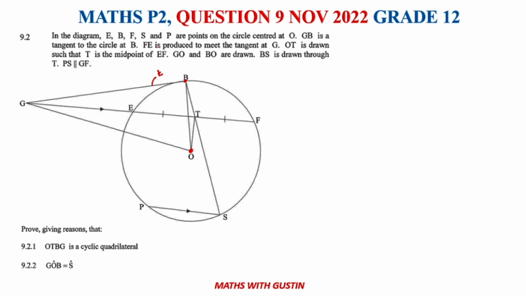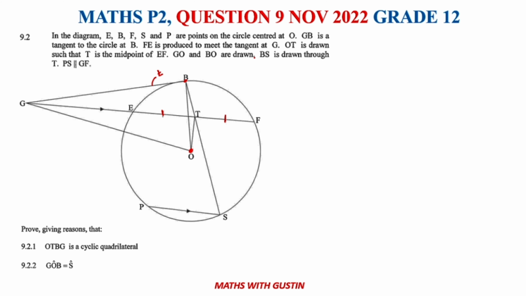And then FE is produced to meet the tangent at G. Okay, we see that. It's got equal sides here, bisected into two equal sides by the line drawn from the center to the chord.